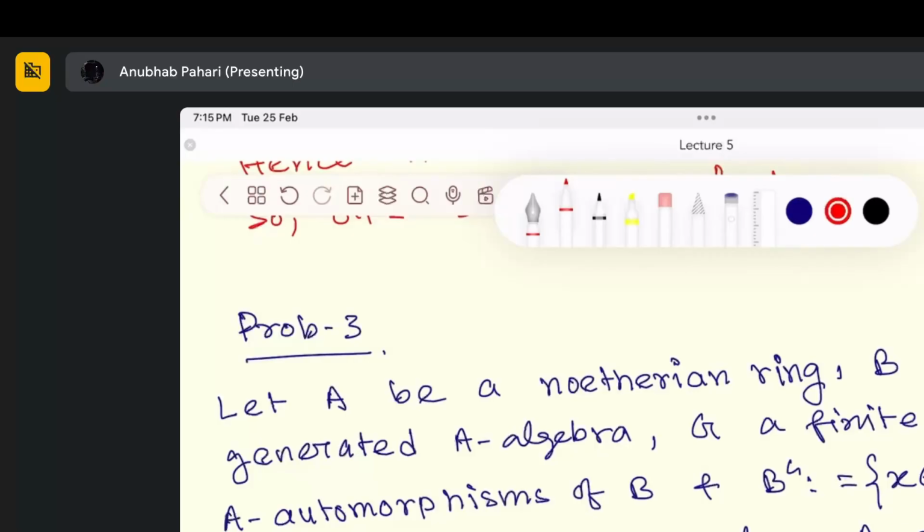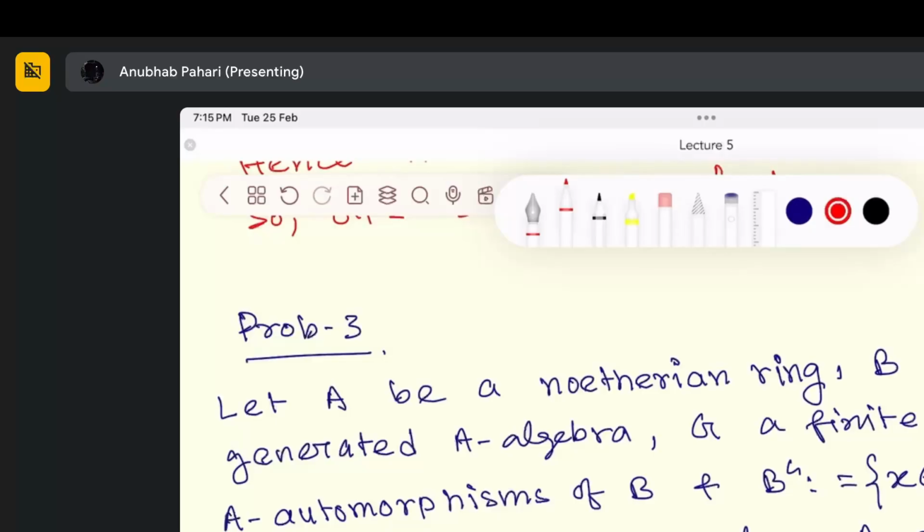Since B^G is closed under multiplication, yes, these are the things that you can verify.